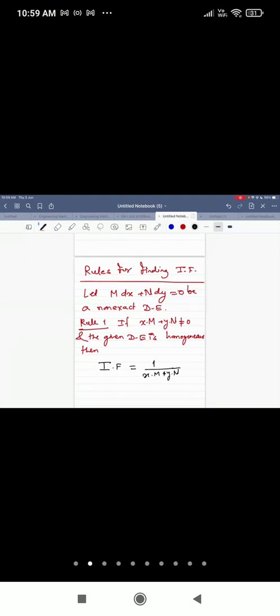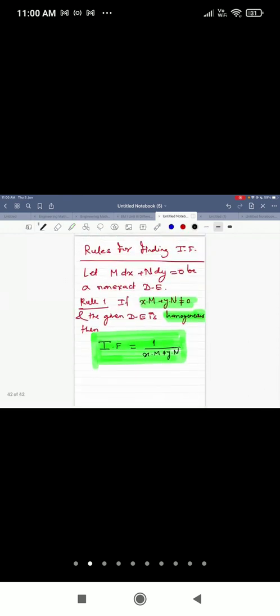So you highlight: when it is homogeneous and this condition is satisfied, then this is the integrating factor.